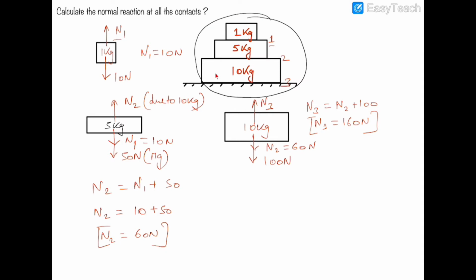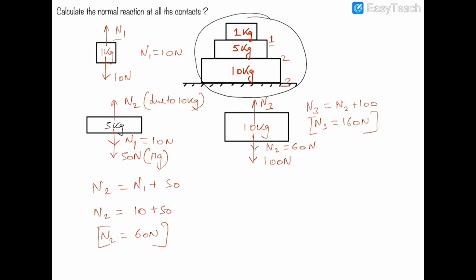If I assume a 16 kg block resting on this floor, then there will be a normal reaction of the floor which will be balancing the complete 16 kg mass. So the normal reaction should be 160 newtons, as calculated by 16 into 10, that is the acceleration due to gravity. So you can see that N3 will be 160 newtons.